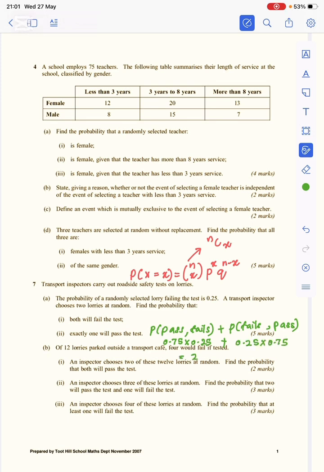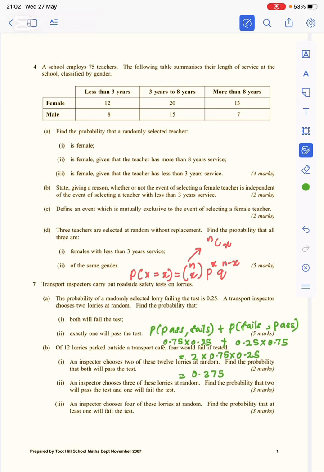So 2 times 0.75 into 0.25. So you can get the answer for this one, 0.375. Right?